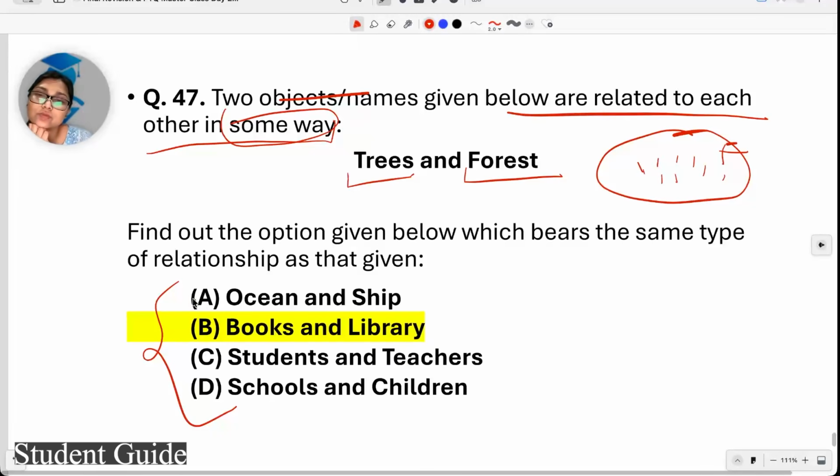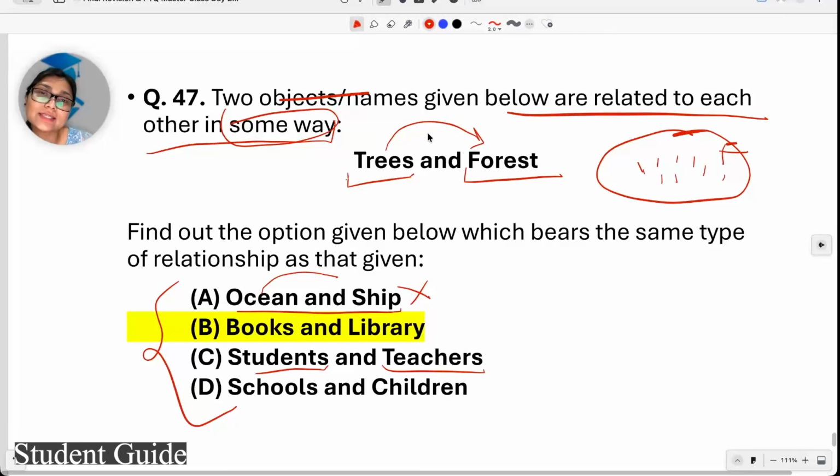So the first option is saying ocean and ship. See, trees inside forest, you need to read it like that: ocean inside ship. No, we cannot conclude this. Then we will look at it later. Students and teachers.